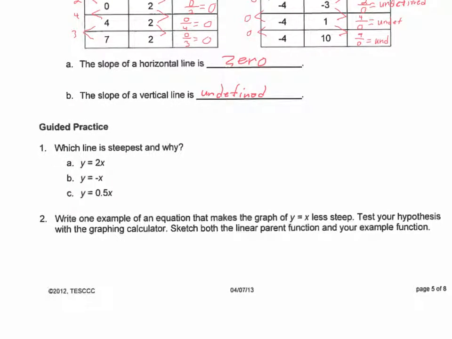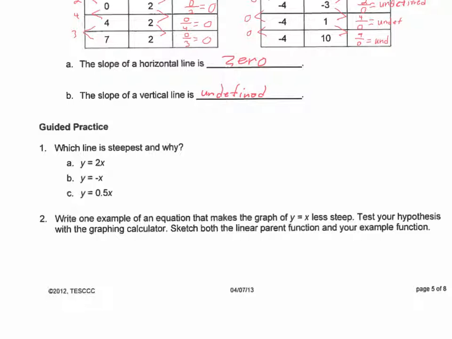I'll say that again here in a second. All right. This question says, which line is the steepest and why? But think about all the slopes that you've come across this week. Your steeper lines always had a bigger number.